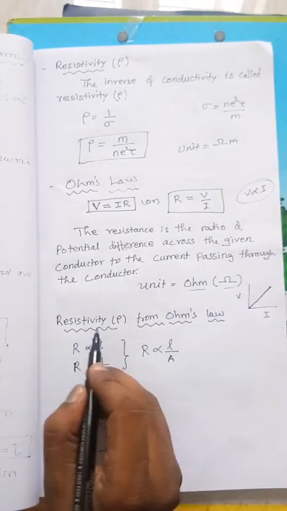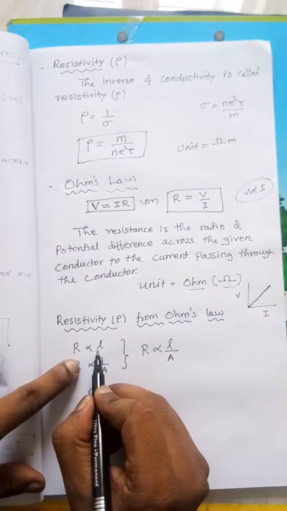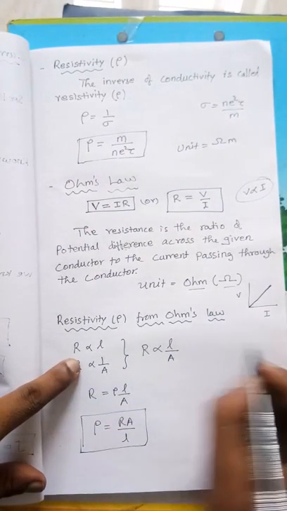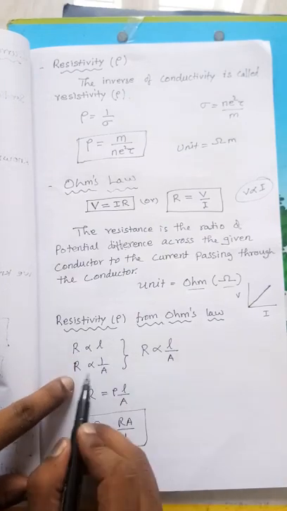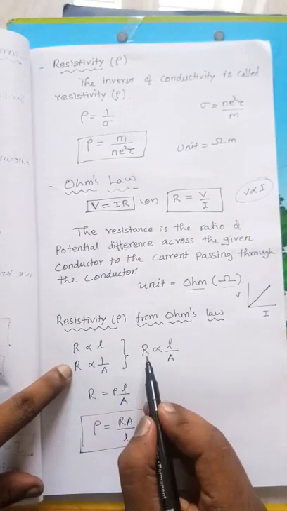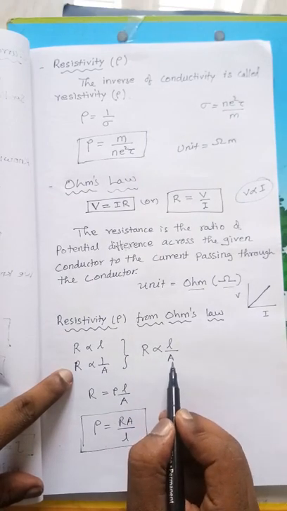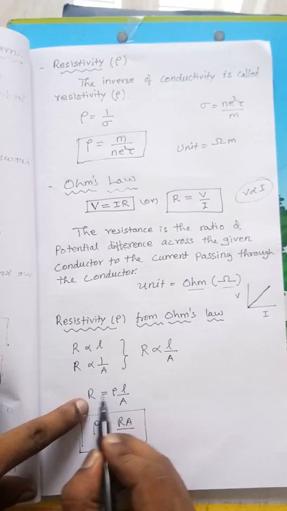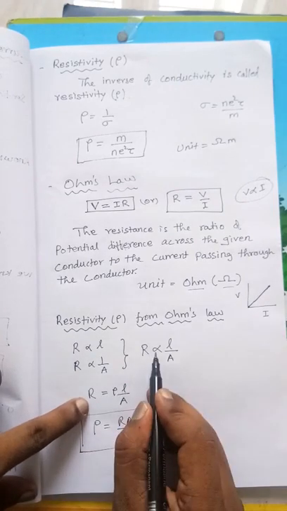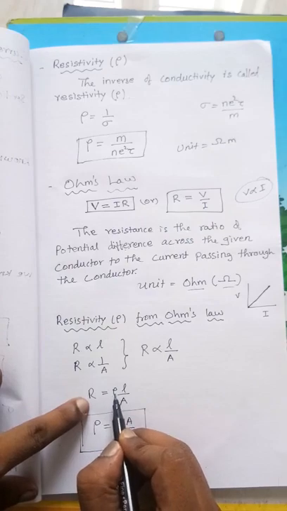Resistivity, you know that from Ohm's law. The resistance is directly proportional to length. So as length increases, the resistance increases. As the area decreases, the resistance also increases. Combining, R is directly proportional to L and inversely proportional to A. To remove the proportionality symbol, R is equal to one constant, and that constant is the resistivity rho.